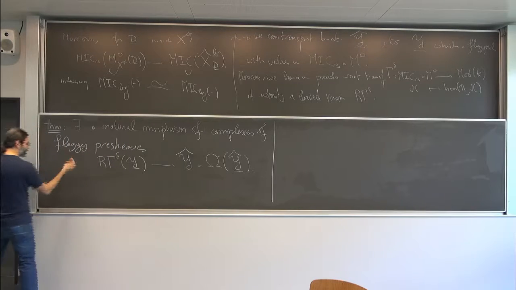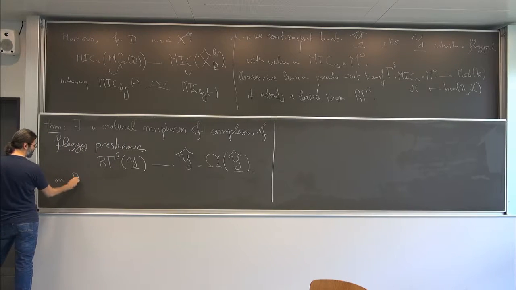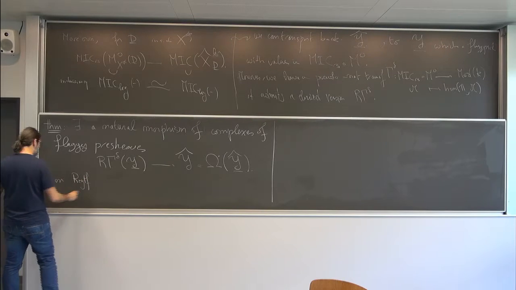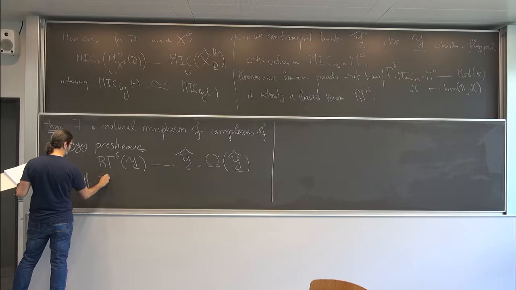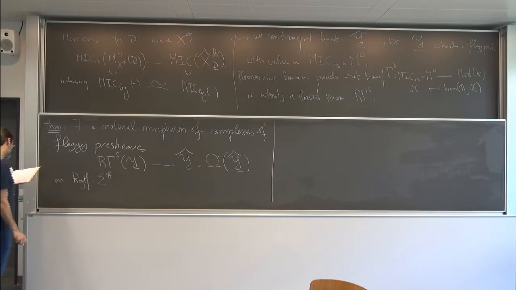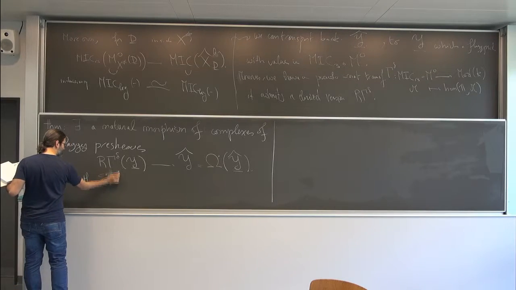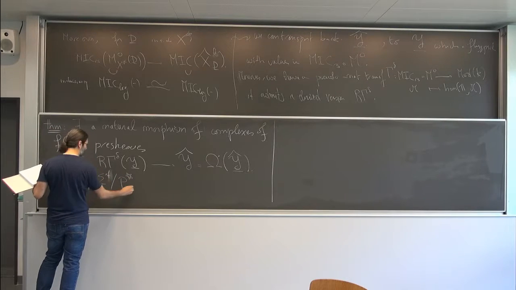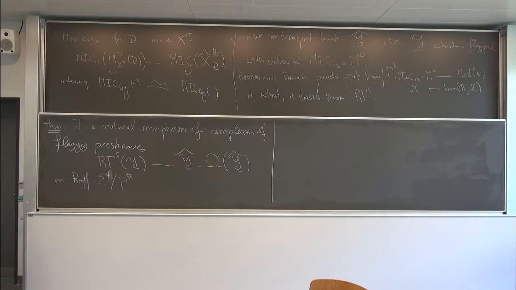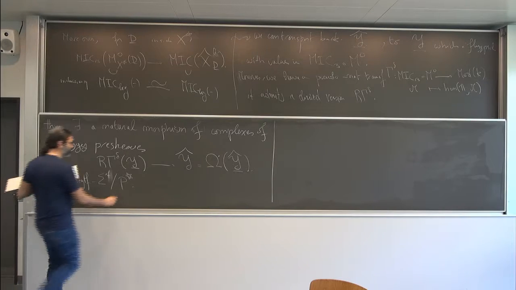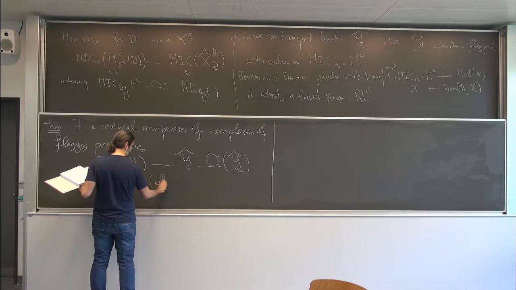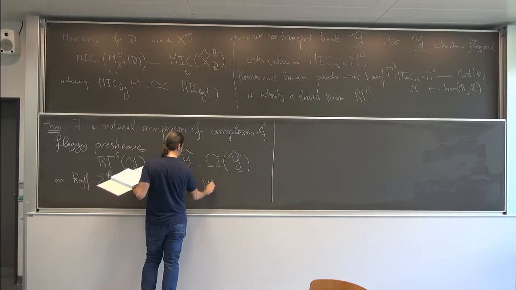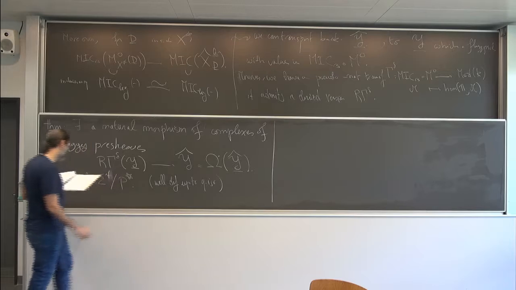So this is flaggy presheaves on regular finite type, sigma f affine. This is, of course, only defined up to quasi-isomorphism, so it's really in the derived category.